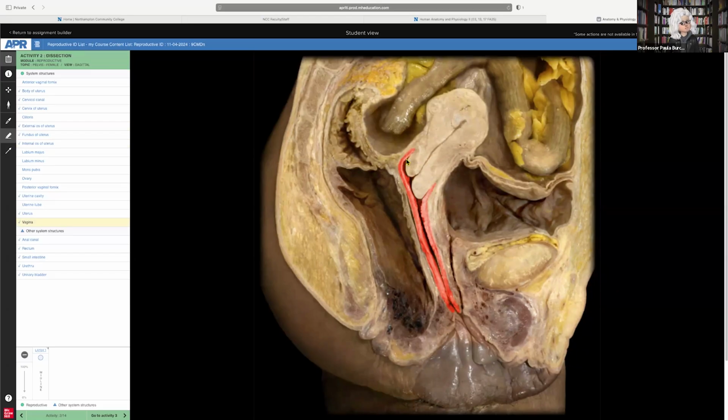And around the outer surface of that cervix, you're going to have these little recesses of the vagina, and those are your fornix. So you're going to have a posterior vaginal fornix. Posterior, remember, here is your rectum, and an anterior vaginal fornix.